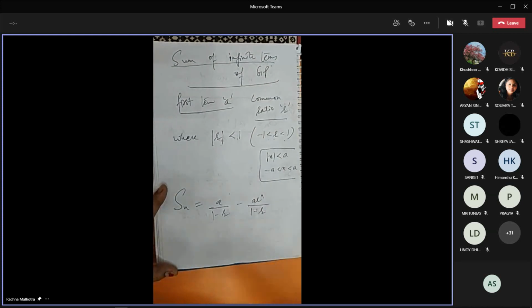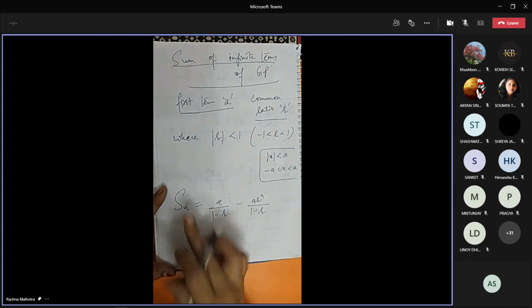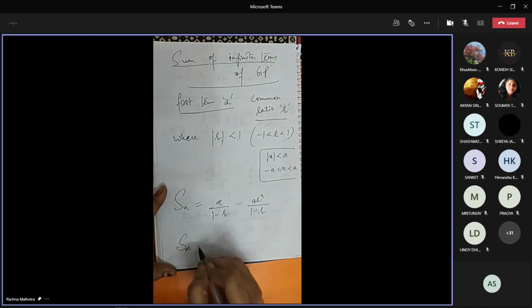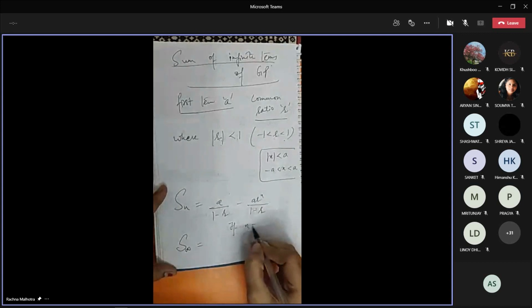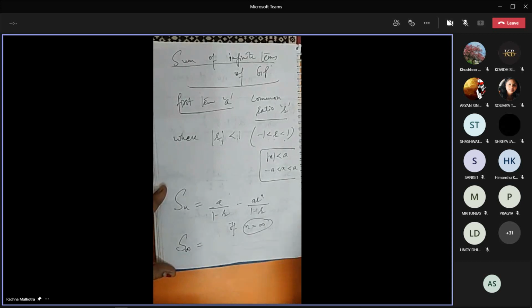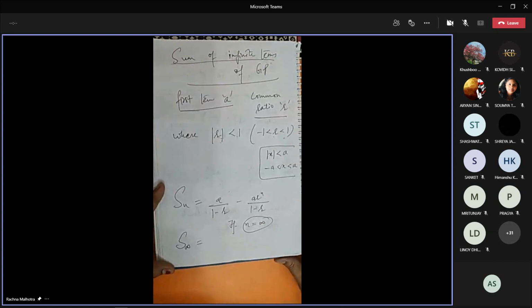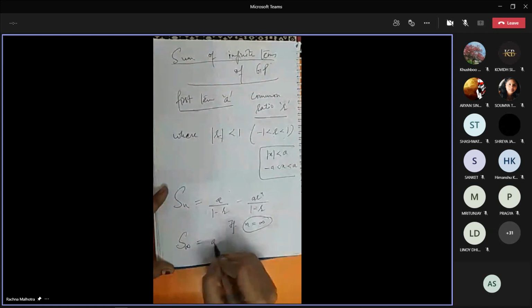Can we write it as that? Now, we want to find S infinity. We are finding the sum to infinite terms of GP, so you can put infinity here for n.